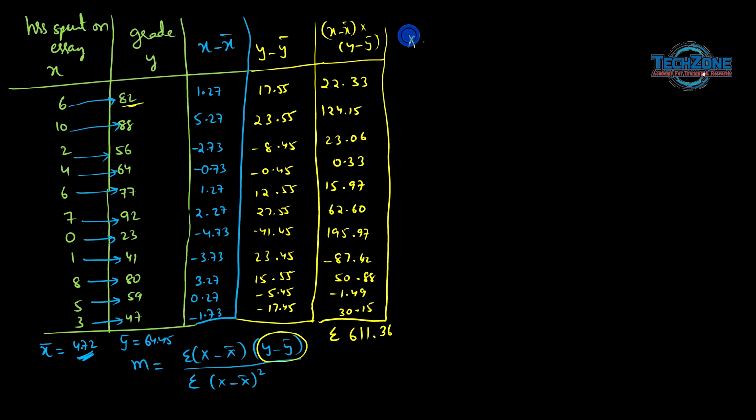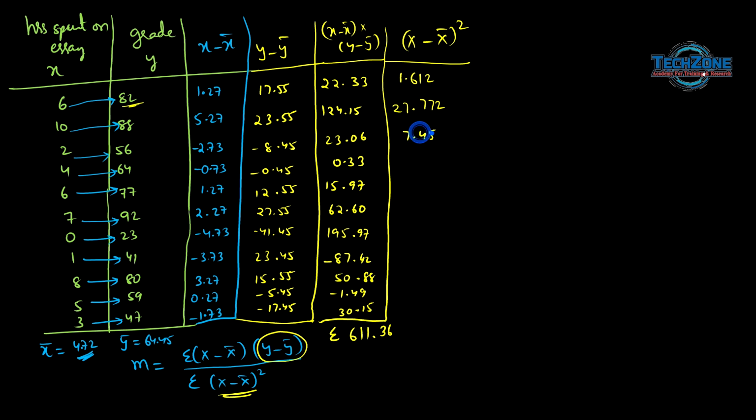Now let us find x minus x bar whole square, because we need that also. That is squaring all these numbers, 1.27 whole square, 5.27 whole square, and adding them. If you square 1.27, it will be equal to 1.612. If you square 5.27, it will be equal to 27.772.